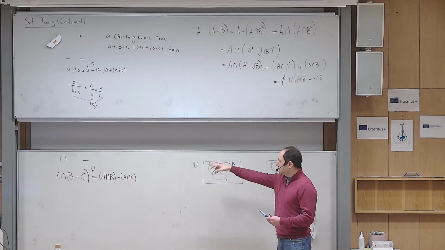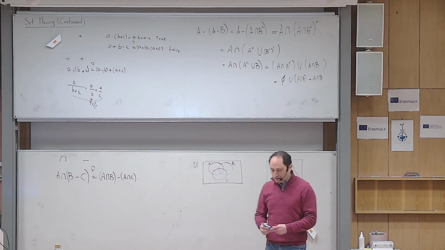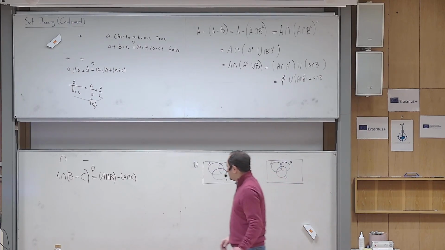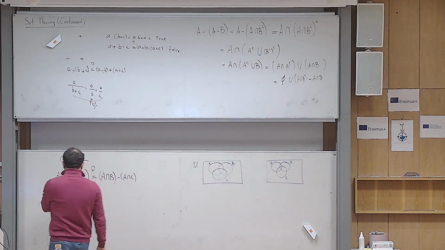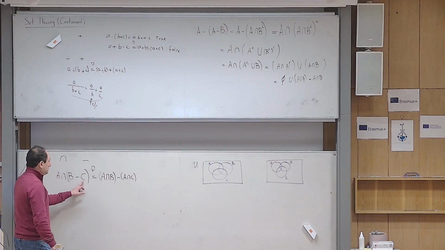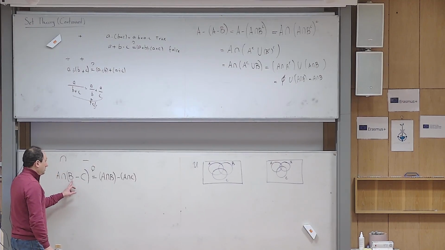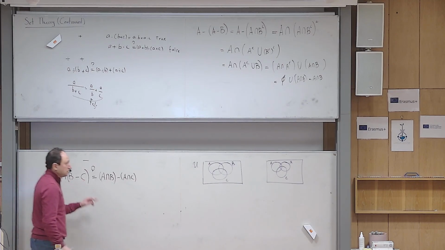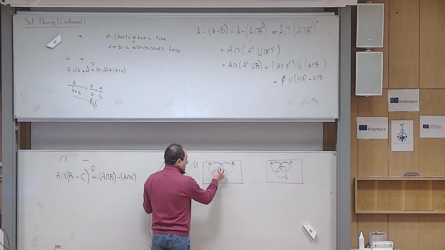Okay, so let us try to understand what is A intersection B minus C. Let us just understand where is B minus C. B minus C are those parts which are within the circle of B but not in the circle of C. Yes? So it is here.